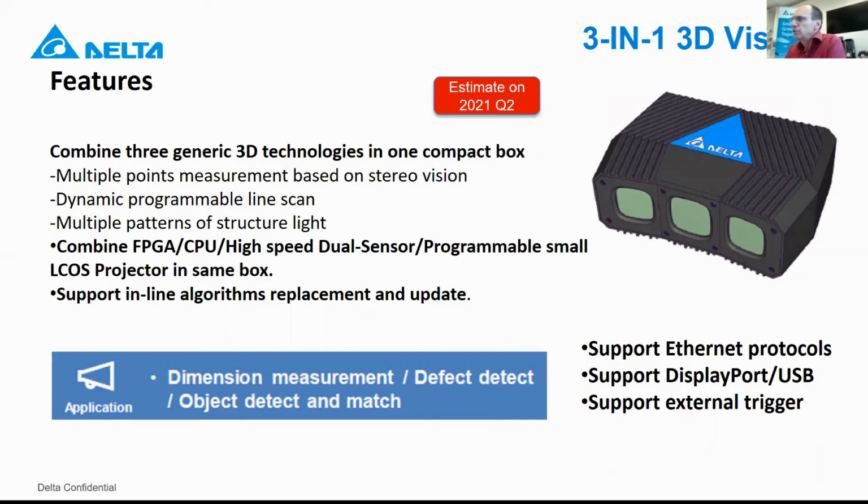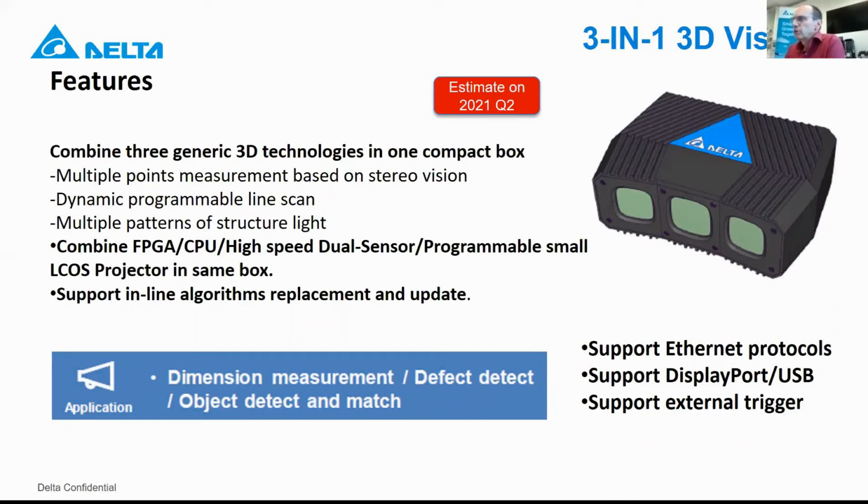A few years ago, we showed already on the SPS fair our structure light solution and also our stereo vision solution to see the depth of packaging, devices, shoes, and so on. And these 2 plus a line scan is combined in one 3-in-1 vision camera, 3D camera.